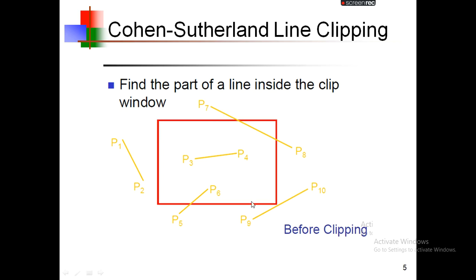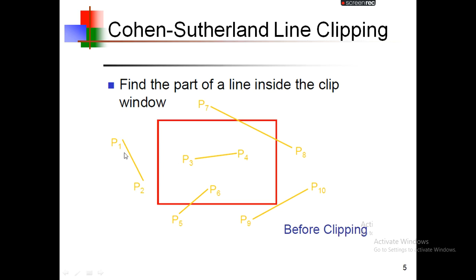When I want to apply the line clipping concept to a given line segment, I need to perform a line clipping algorithm. Assume that I would like to apply the Cohen-Sutherland line clipping algorithm on a given line P1, P2.